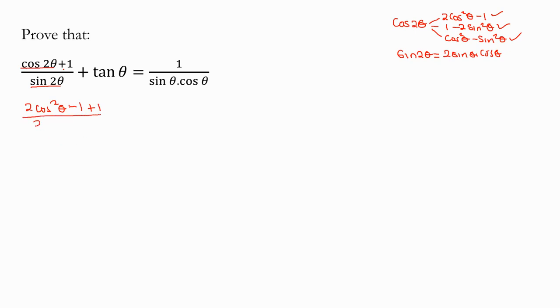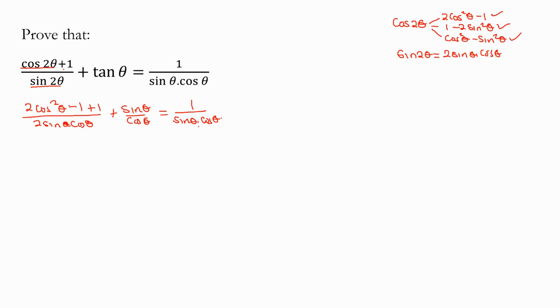This is 2 sine theta cos theta. Okay, then plus sine theta over cos theta is equal to 1 over sine theta cos theta.